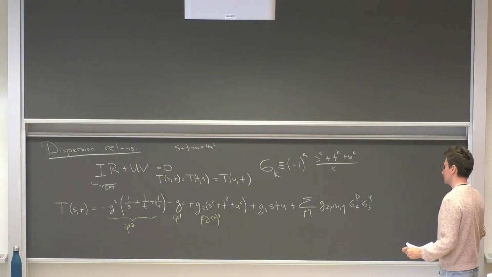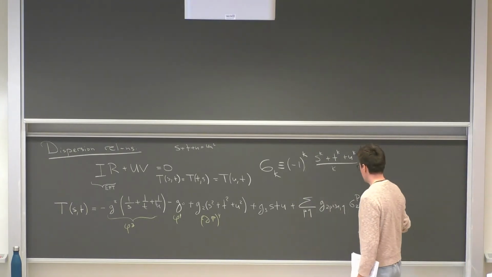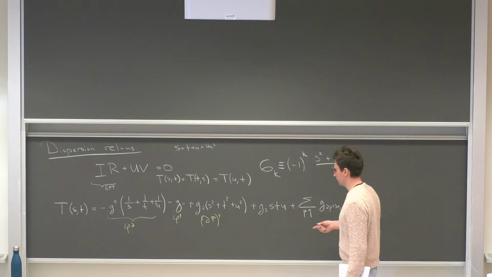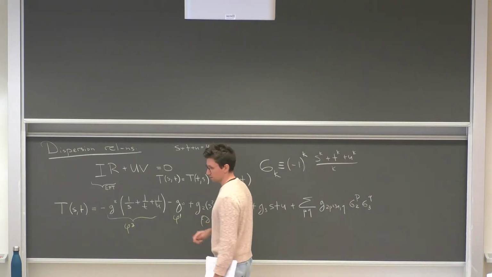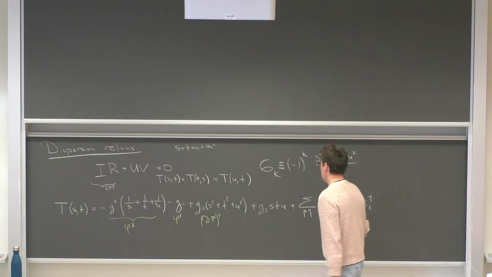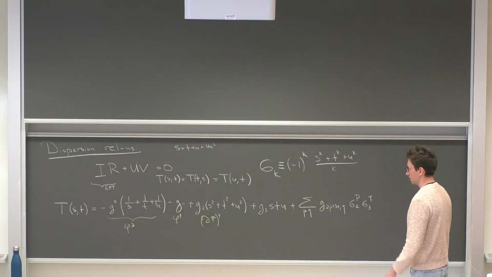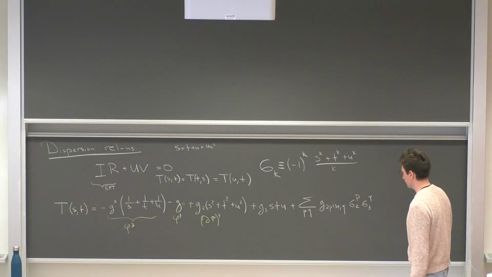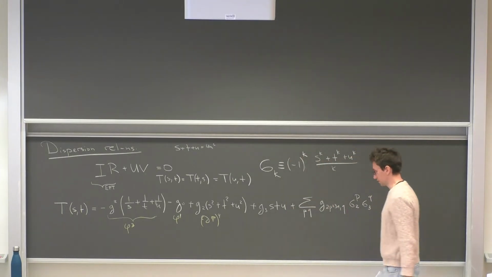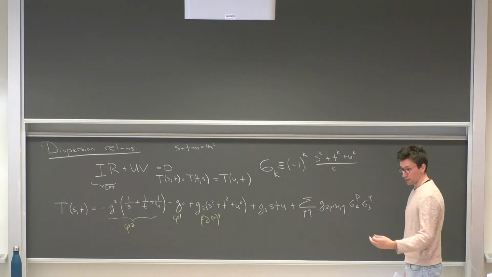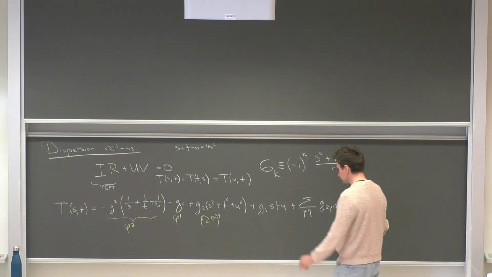And the second comment is, you can ask, how do I know that the expansion is a polynomial expansion like that? In fact, in general, it doesn't have to be. If you have loops of massless particles, there will be logs. So there could be things like log s, log t, log u.